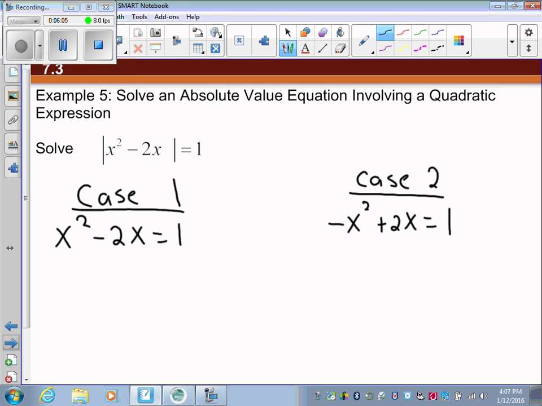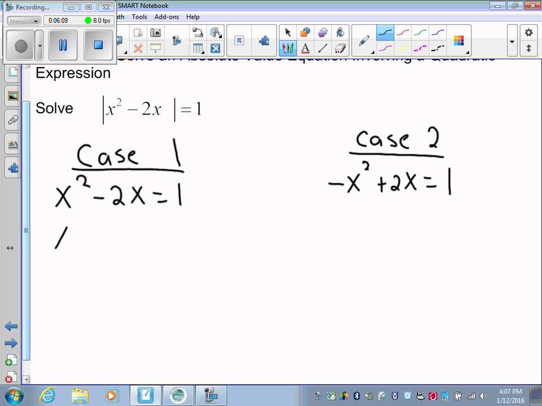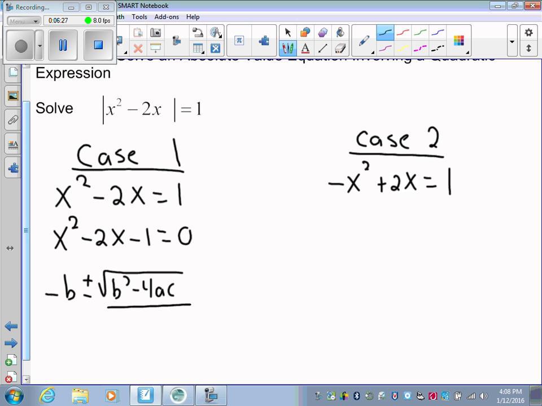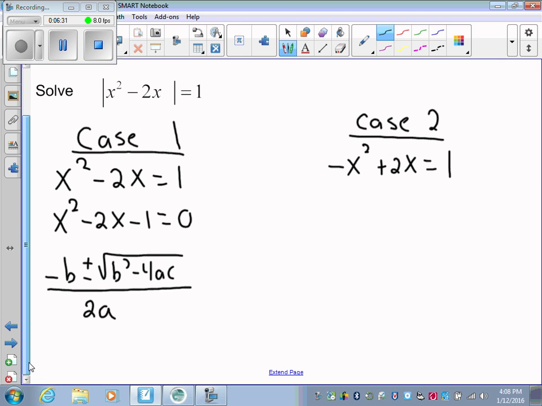We solve each and then verify. So in this case, I'm going to move the 1 across. And this is not factorable at this point. So you need to use the quadratic formula to get your answers.